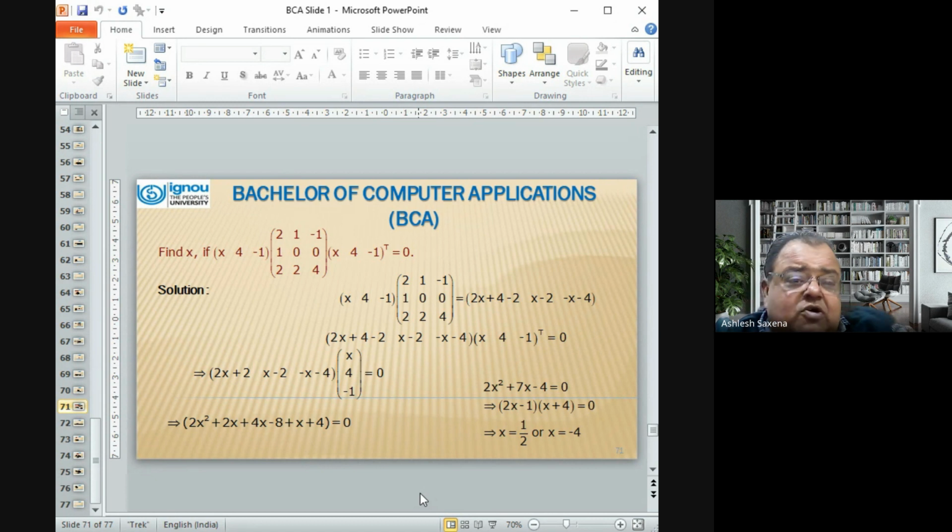The factors of 8 are 8 into 1, 1 into 8, 4 into 2, or 2 into 4. Correct? I want 8, and I want 7. If I want to have 7, I have to use 1 and 8.